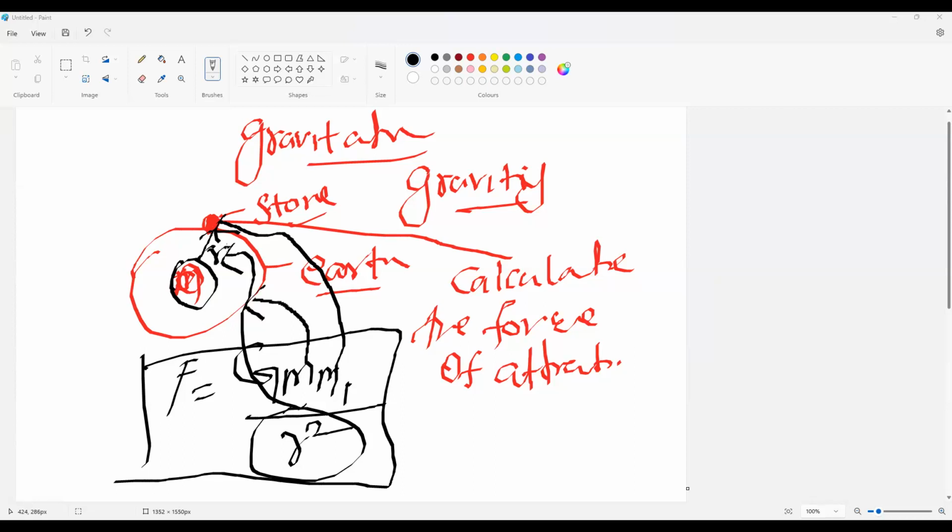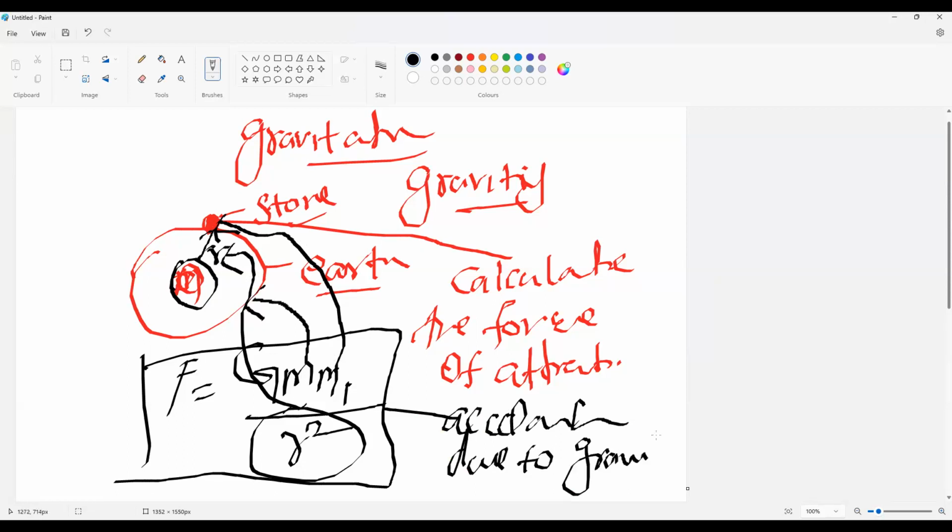Arthur, are you able to understand? Okay. So now we have this particular term which we can consider as acceleration due to gravity.